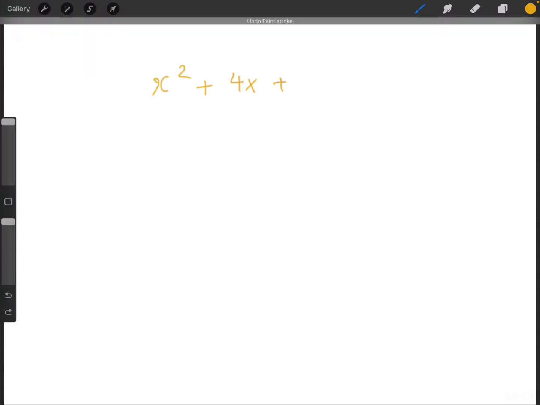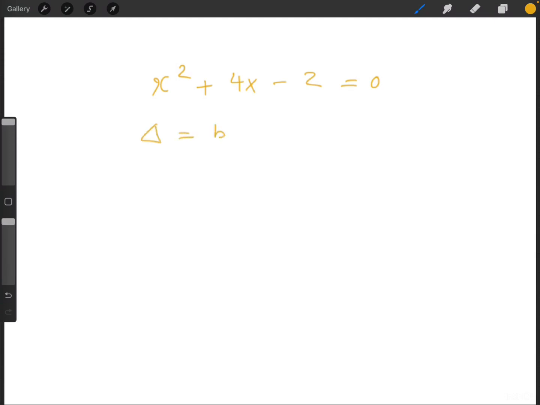Here's another example. x squared plus 4x minus 2 equals 0. So we go ahead and find delta.